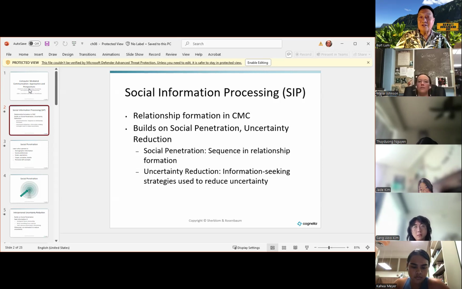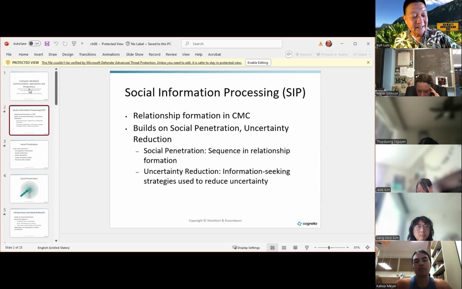How do you start to reduce that level of uncertainty as to who these folks are, and how do you take a stab at either getting to know them or building a relationship? At a minimum, you want to get to know who they are. And how do you go about doing that? That's the process of uncertainty reduction.